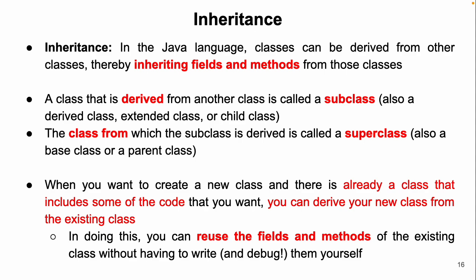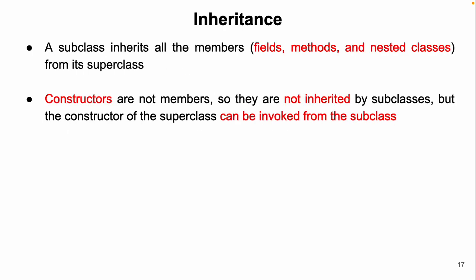The class which is derived we call a subclass, and the class from which we derive we call a superclass or parent class, and it is for the purpose of code reusability. And the constructor is not a data member, so it is not inherited. If you want, we can call the constructor of the parent class from the subclass or from our driver class also.